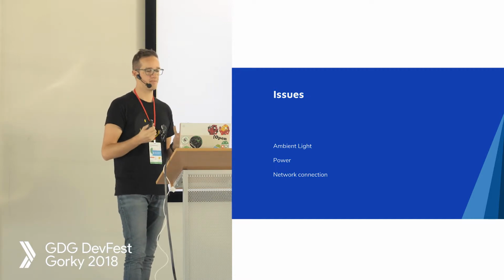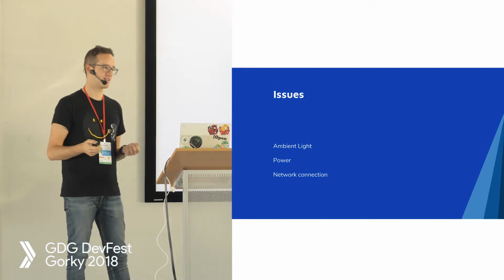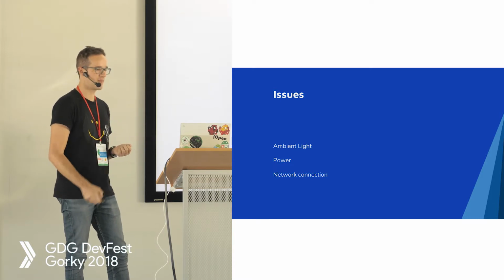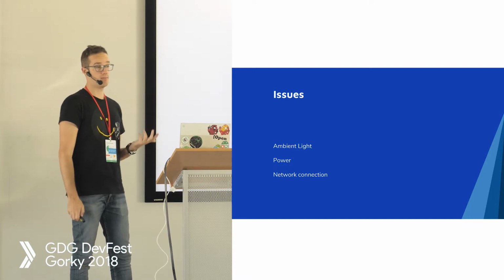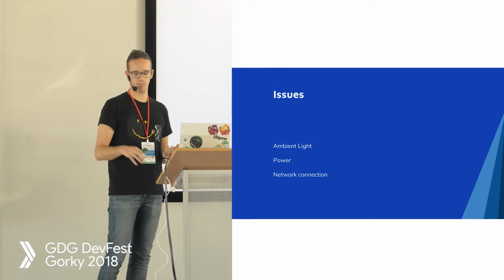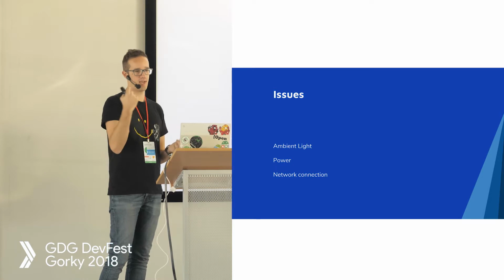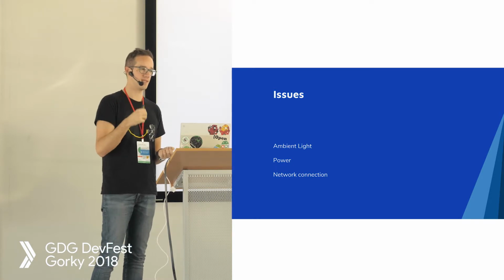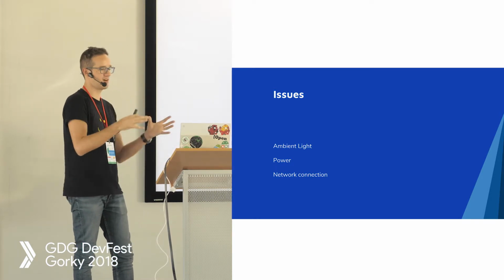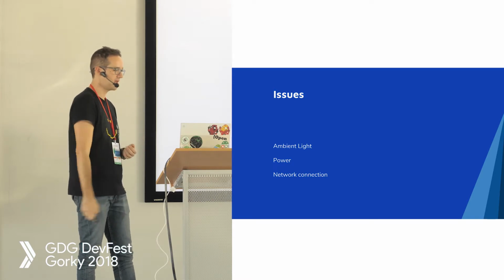So after a certain hour, the device stopped working. Power was also a limiting factor, because we had some power outlets in different spots, and connected to the ambient light issue, it meant that we couldn't move our device to another location with better light.